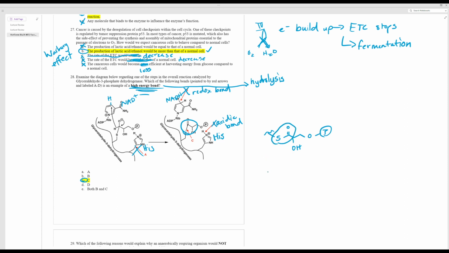And we know if we hydrolyze this, so if we stick in H2O, we'll end up like this, plus a lot of energy. Okay, so our thioesters are high energy bonds.